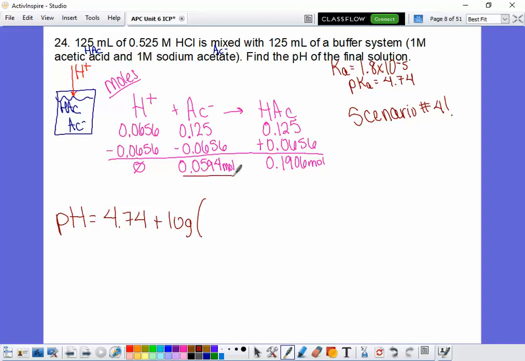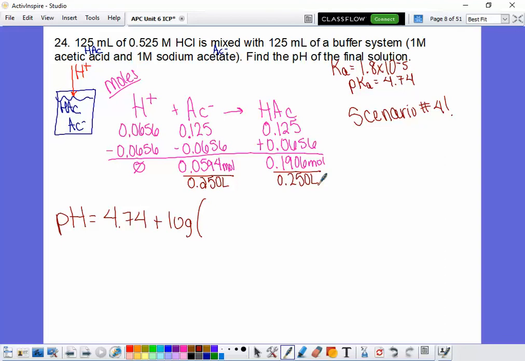We're going to have to divide both of my moles by what volume? 0.25. But wait, if we're dividing them both by the same volume, doesn't that mean the ratio is still the same? So couldn't I just use moles in the Henderson-Hasselbalch equation? Yeah, mathematically, I could.